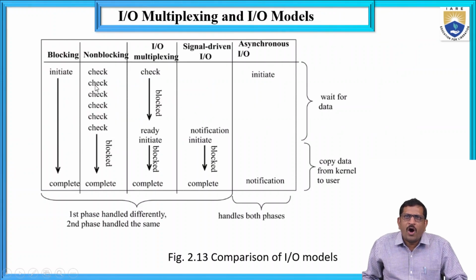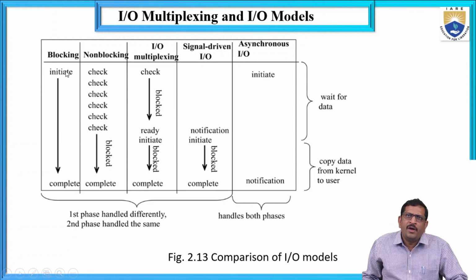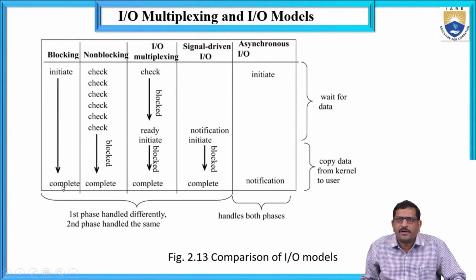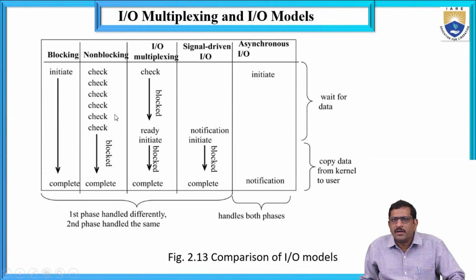Here is the comparison of blocking, non-blocking, input output multiplexing, signal driven input output, and asynchronous. First comes initiating and then completing the process. With non-blocking, we are also checking whether the data is available or not, and then blocked.